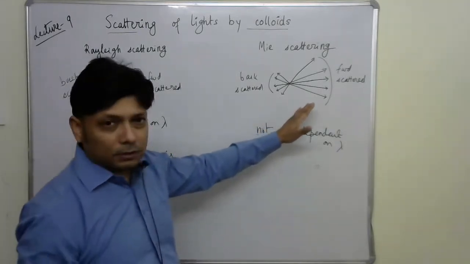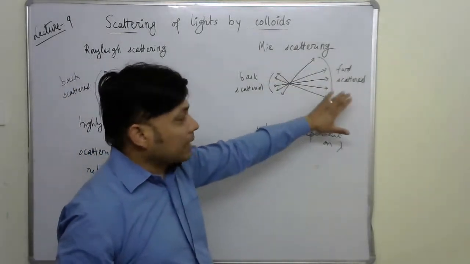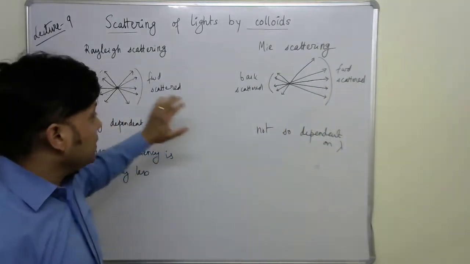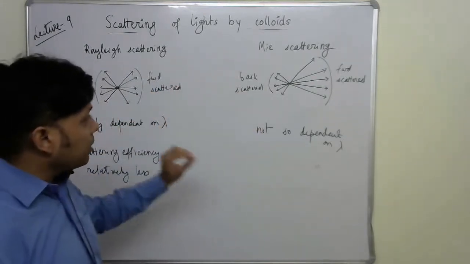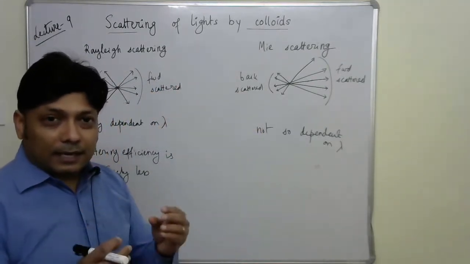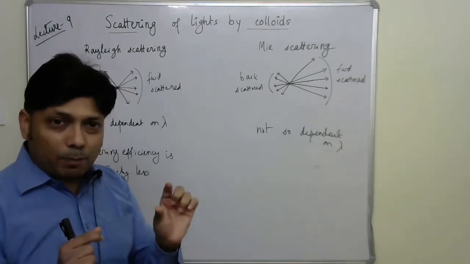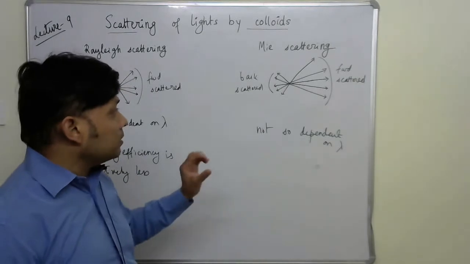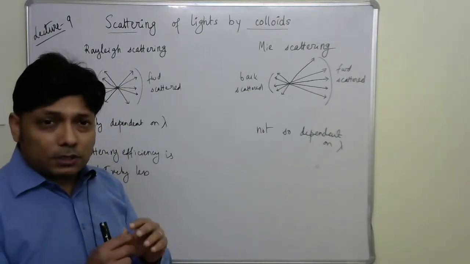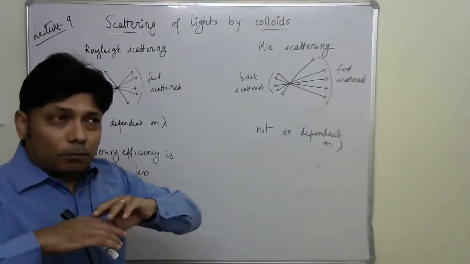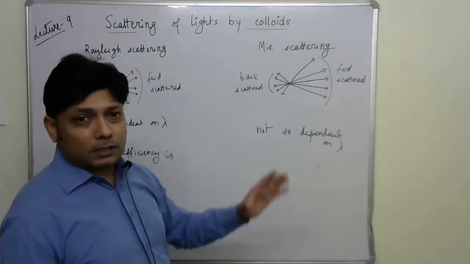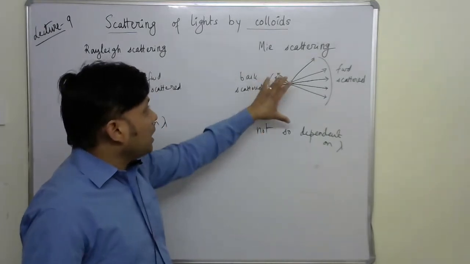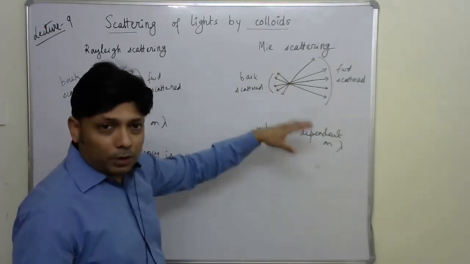But in Mie scattering, the intensity of the forward scattered lobe is much more than the back scattered lobe. That is the major difference between the two, and it happens because, like I said, there is a certain size range of the particles and the particles have to be spherical. So spherical particles between 300 to 600 nanometers, having a varying refractive index compared to the dispersion medium, show this special type of behavior.